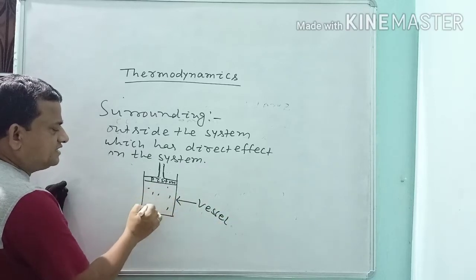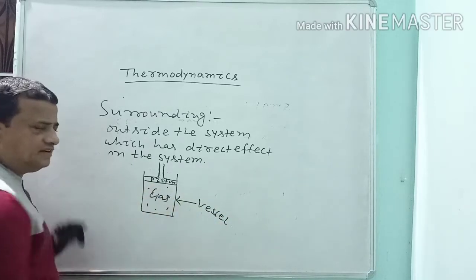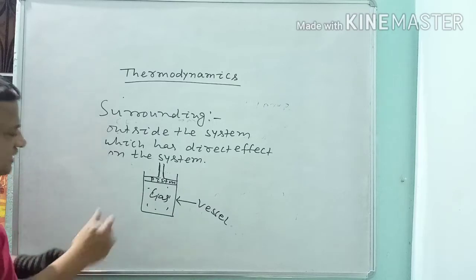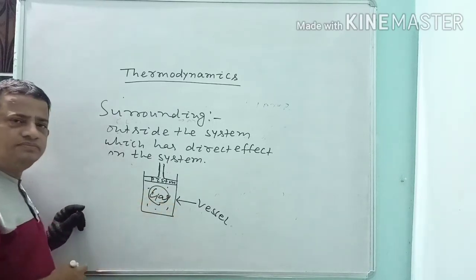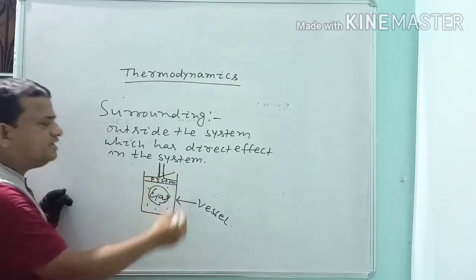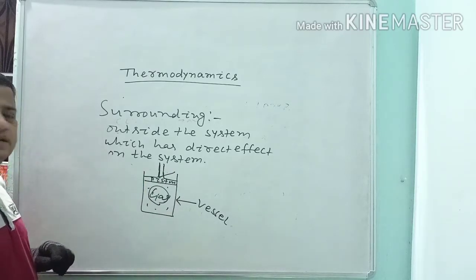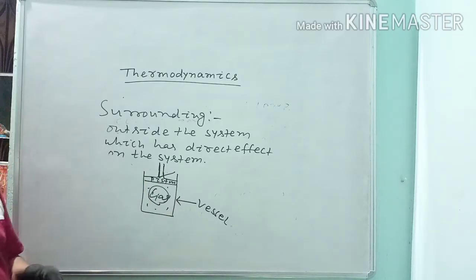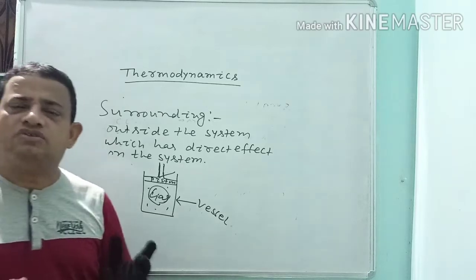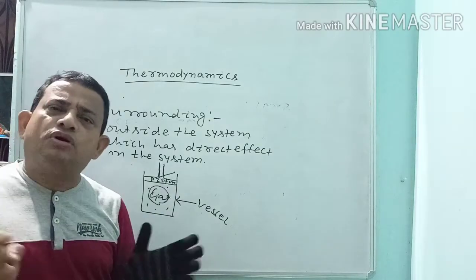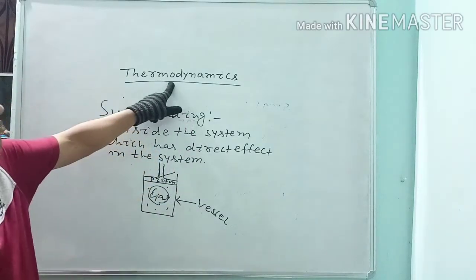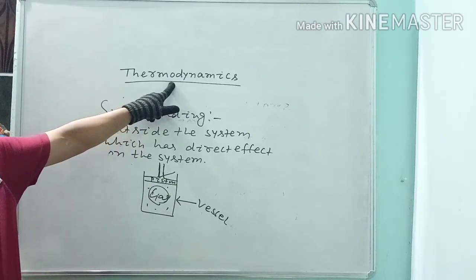Gas molecules are inside it. So this gas is a system and this piston is a surrounding. So you know what is a system and surrounding. They have important role in thermodynamics.